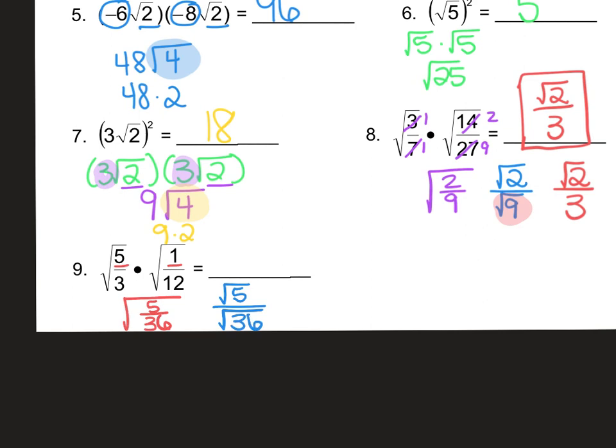The square root of 5 is not a perfect square, but 36 is. The square root of 36 is 6. So my final answer would be the square root of 5 divided by 6. And that's it for multiplying radicals.